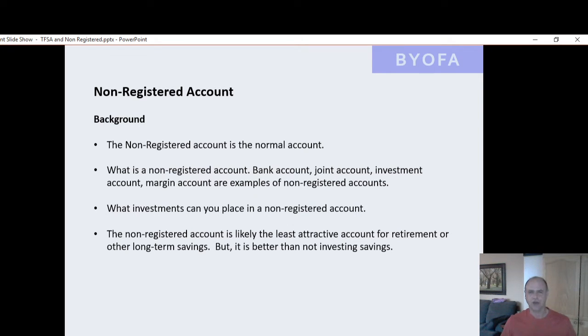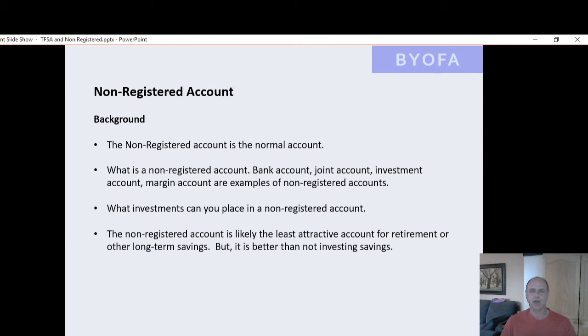Now I'll say this. The non-registered account is likely the least attractive place to save money. Why? Everything is potentially taxable. I'm going to get into examples and show the structure in a second. But if you have savings in a non-registered account, and it's not extreme short-term savings, and let's say you have room in your tax-free savings account, there's no good reason that you wouldn't save that in a tax-free savings account.